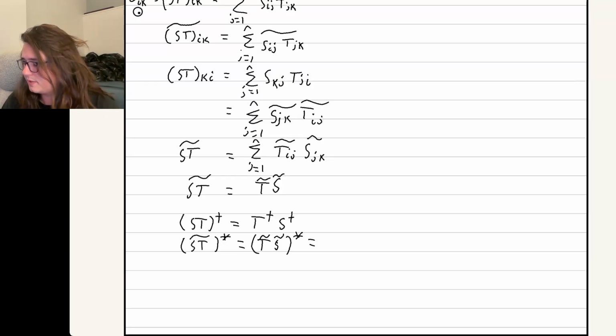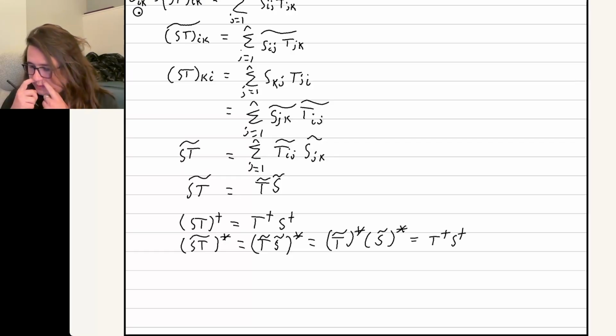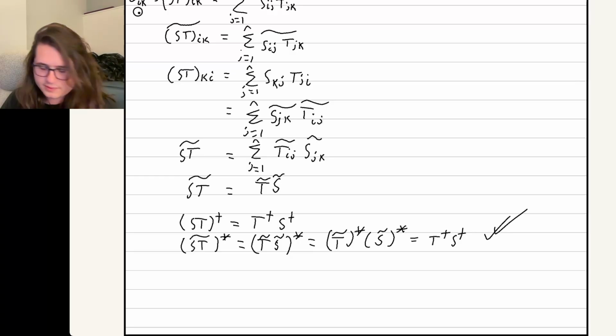But then the complex conjugate is distributive multiplicatively. So you have T transpose complex conjugate times S transpose complex conjugate. So you just have T dagger S dagger. So that is proved.